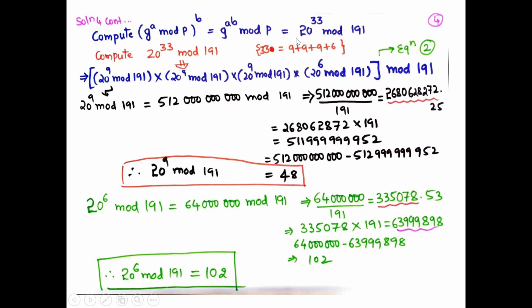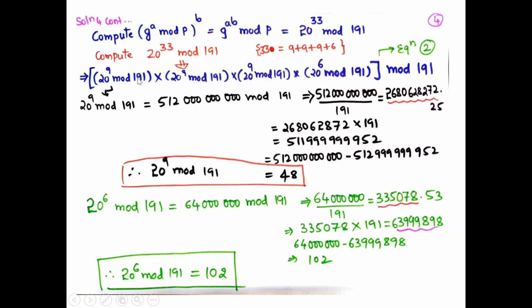It is very hard to find the value of 20 raised to 33 in the calculator. Therefore, defactorizing 33 as 9 plus 9 plus 9 plus 6, which comes around 33 itself, we get 20 raised to 9 mod 191 into 20 raised to 9 mod 191 into 20 raised to 9 mod 191 into 20 raised to 6 mod 191, whole mod 191.